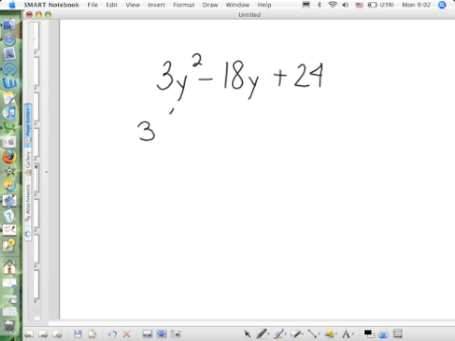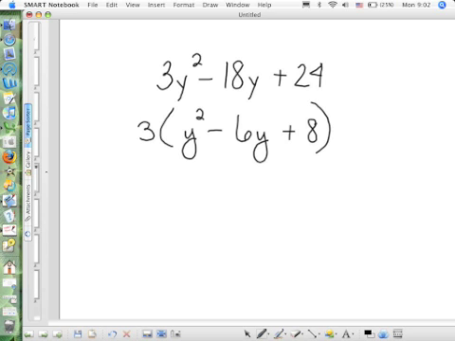So, since I took that common factor out, I've created a simpler trinomial now, where factoring is easier. Remember, 3 is a part of the puzzle. It's just out there, multiplied by the two factors you're going to get when you factor that trinomial.